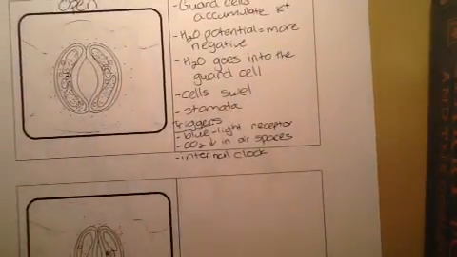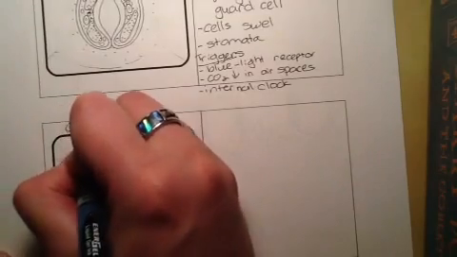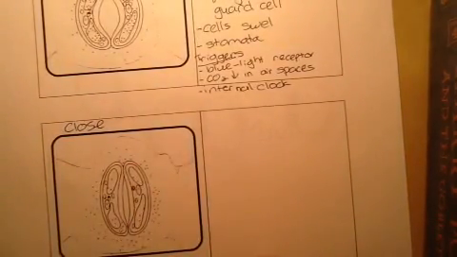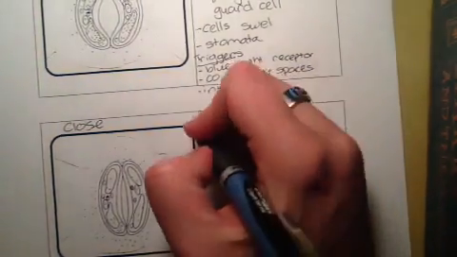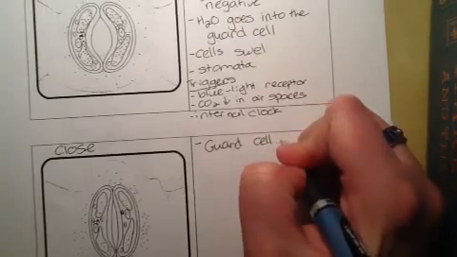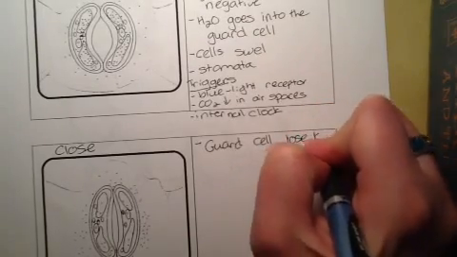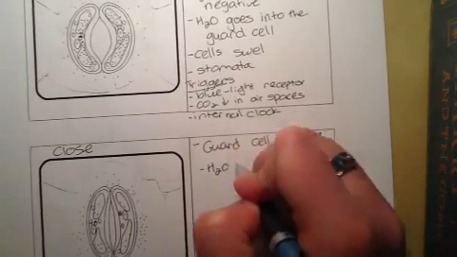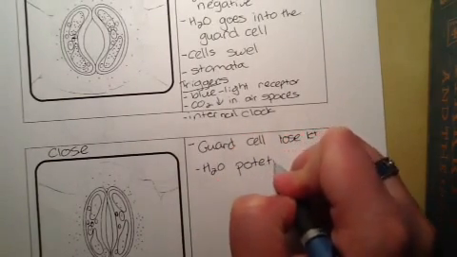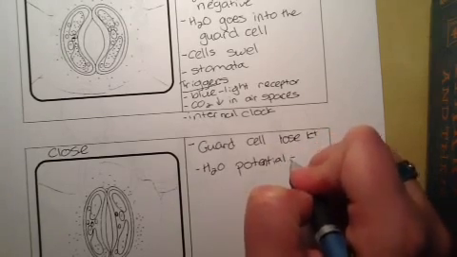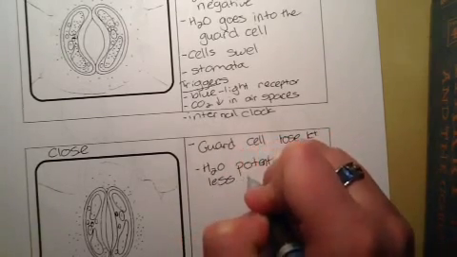And then over here, this is when they close. It's pretty much just the opposite thing that happens. Think about nighttime, or when there's a lot of transpiration and they're losing a lot of water. The guard cell loses the potassium, and so the water potential is actually less negative inside the cell.